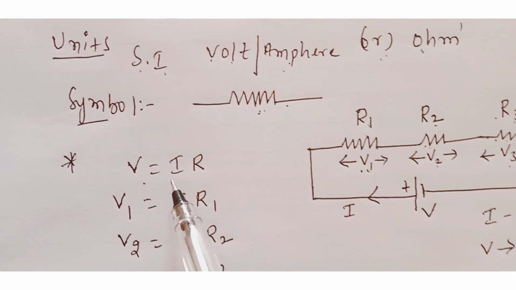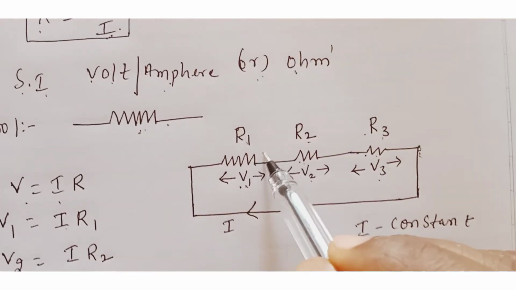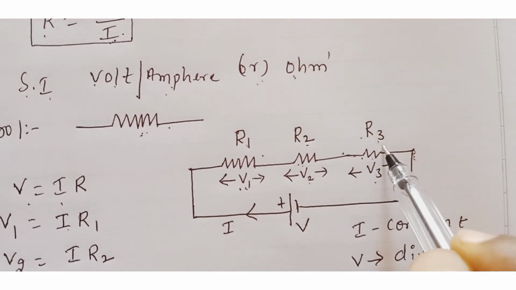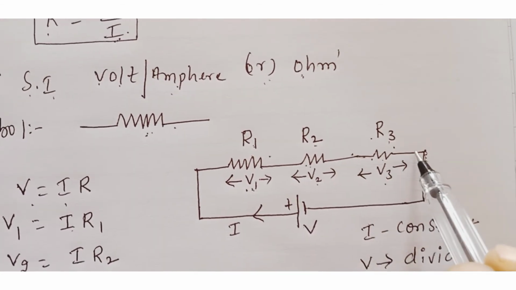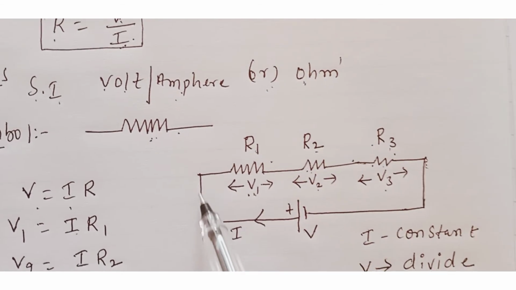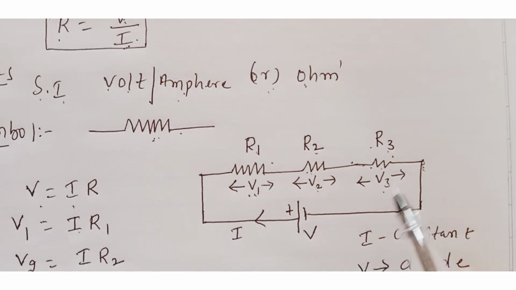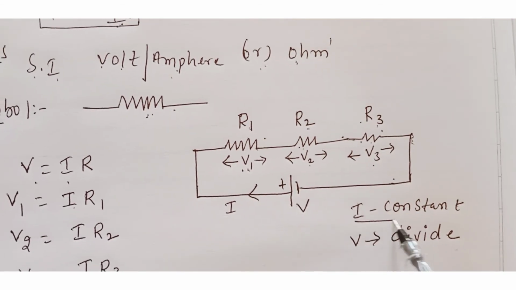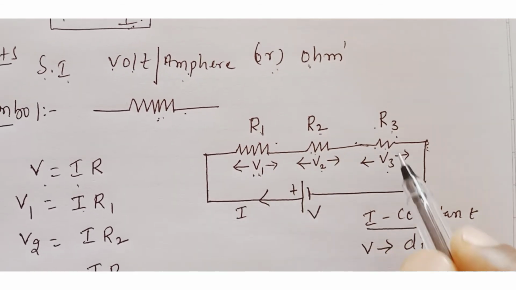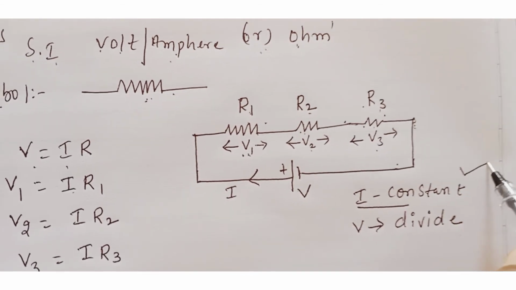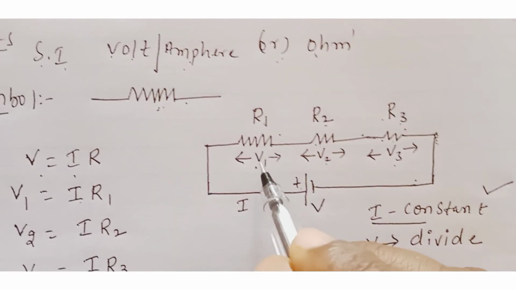According to Ohm's law, V equal to IR. Now I take three resistors connected in series combination across the terminals of the battery. We remember that in the series combination, throughout the circuit, the amount of current is constant. The potential difference is divided across each resistor.